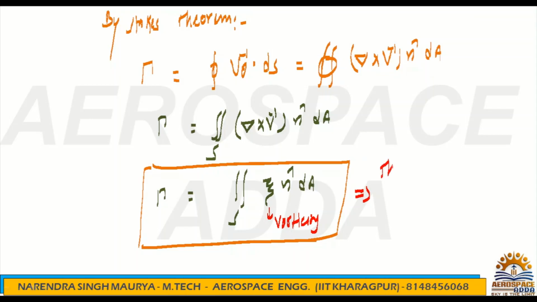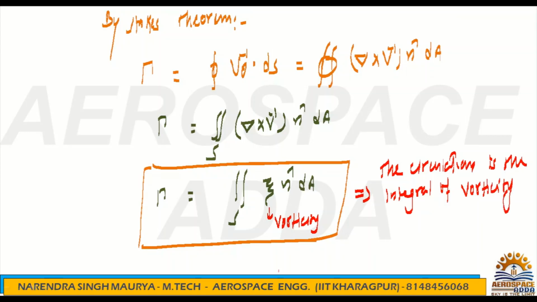The circulation is the integral of vorticity, xi is nothing but vorticity, integral of vorticity contained in the region enclosed by the circuit.